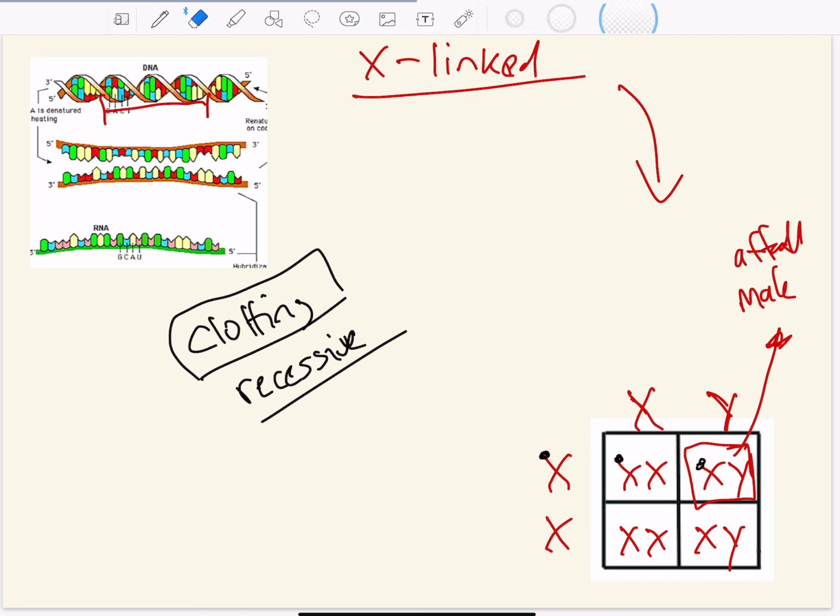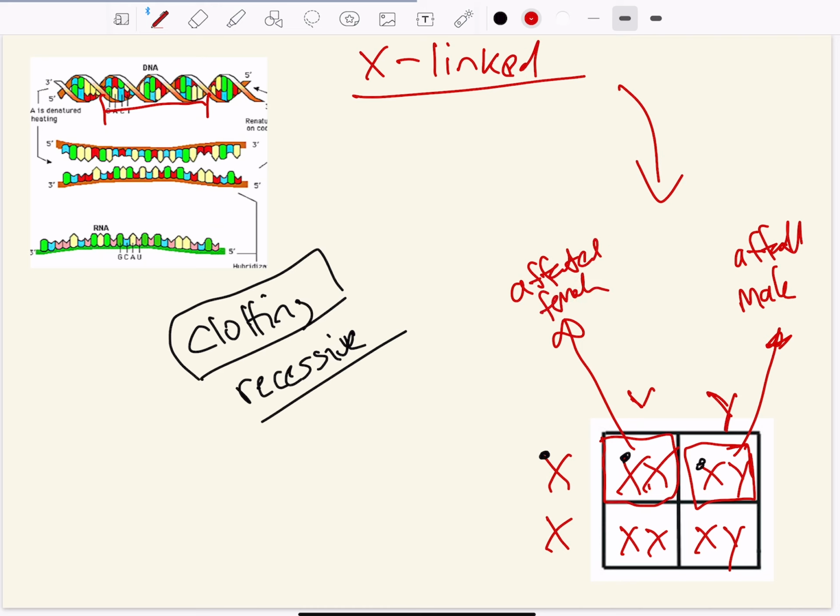This one here, because it's a dominant effect, is now an affected female, both genotypically and phenotypically, and these two are still unaffected. So 50% would be unaffected, 50% would be phenotypically and genotypically affected. So there you have it.